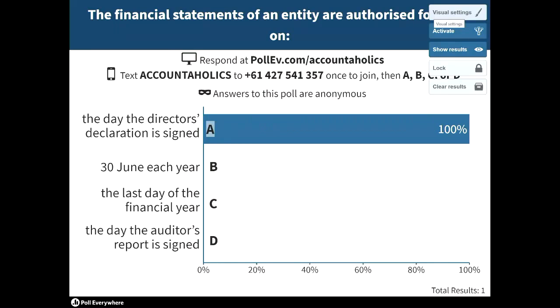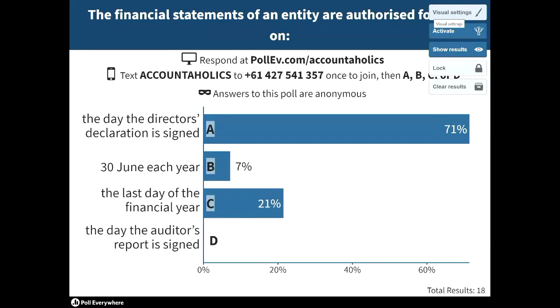Okay, so the financial statements of the entity are authorized for issue on which one? Just a quick examination for your memory, to see how much you can get from the lecture.